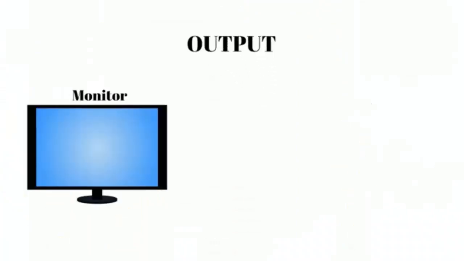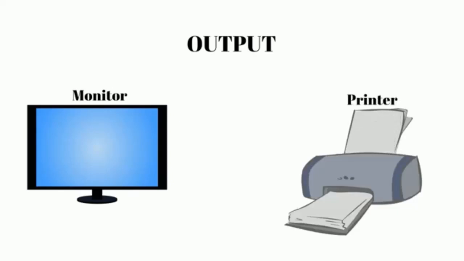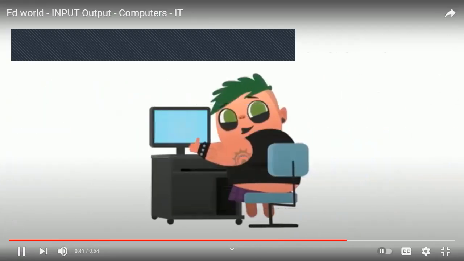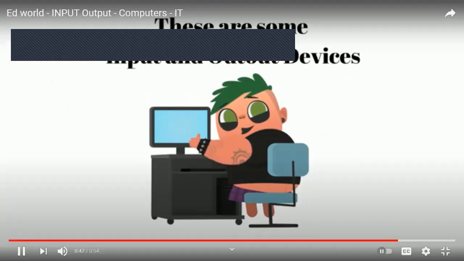The output devices include the monitors that show us the pictures and the printer that takes out the print. I hope you guys have learned about some of these input and output devices. Let's learn more.